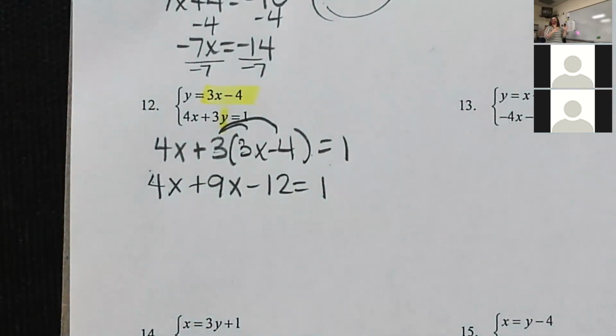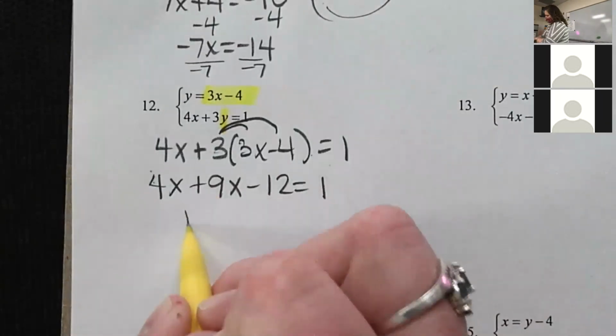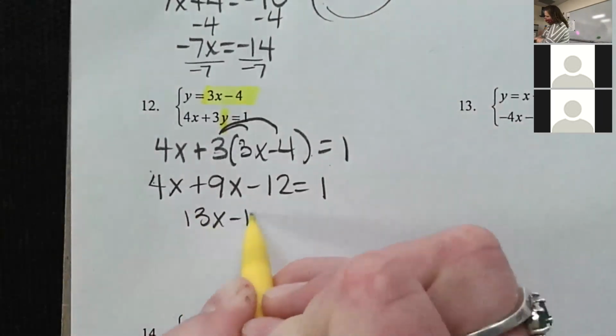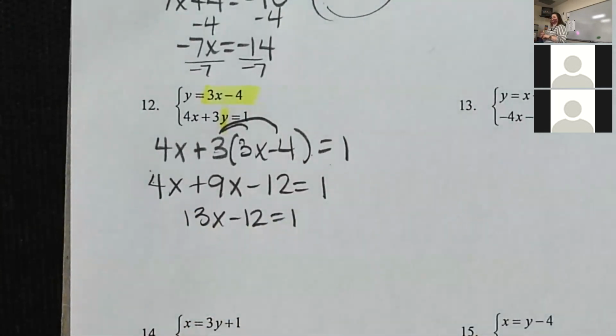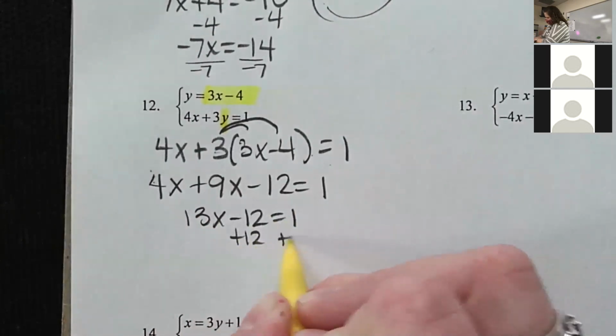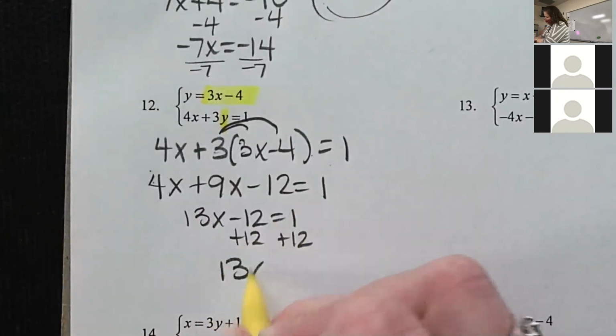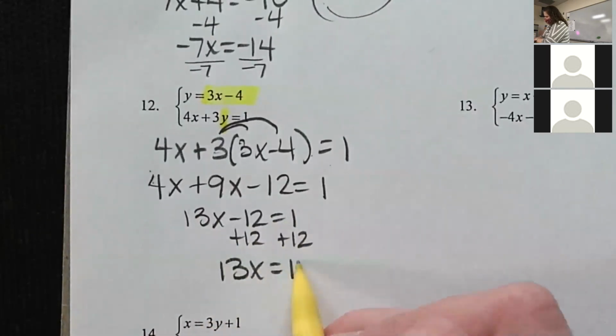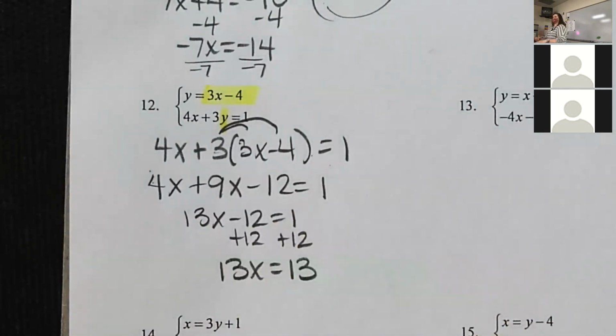Now remember, these are on the same side of the equation, so you can just add like terms. 13x. Minus 12 equals 1. What am I going to do with that minus 12? Got it. So I have 13x equals 13. Divide by 13, what's that?